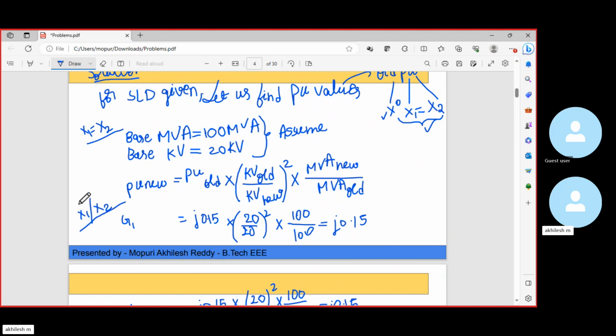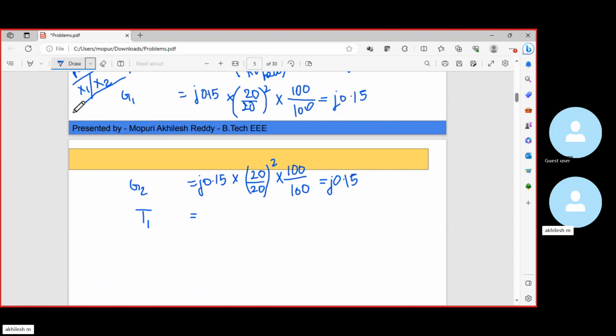The meaning is these are per unit values, X1 slash X2, both are same. For transformer, what is the per unit value?